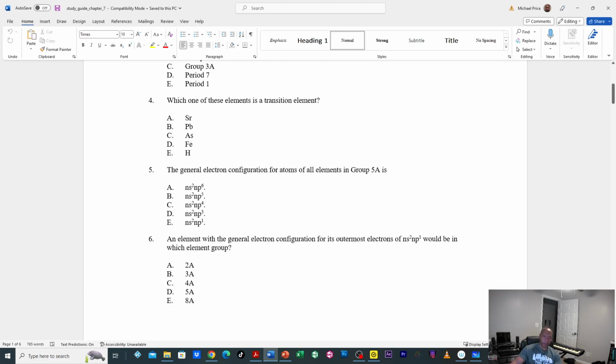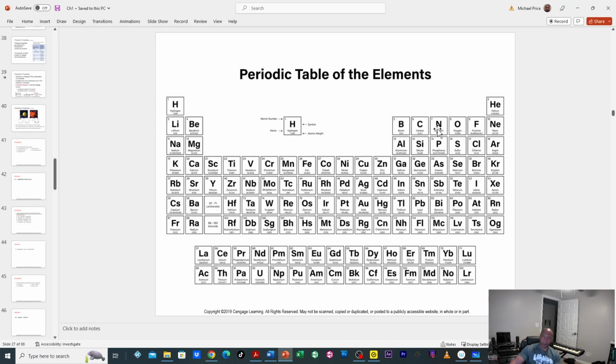I'm pretty sure actinium is not F block, so it would be considered a transition metal too. So all of these are transition metals. Iron of course is amongst that. It's right there, atomic number 26.